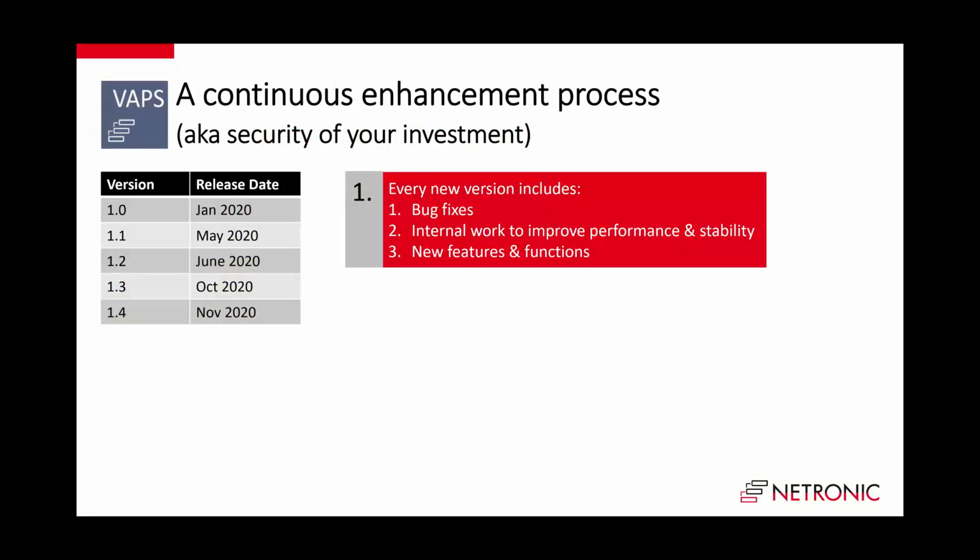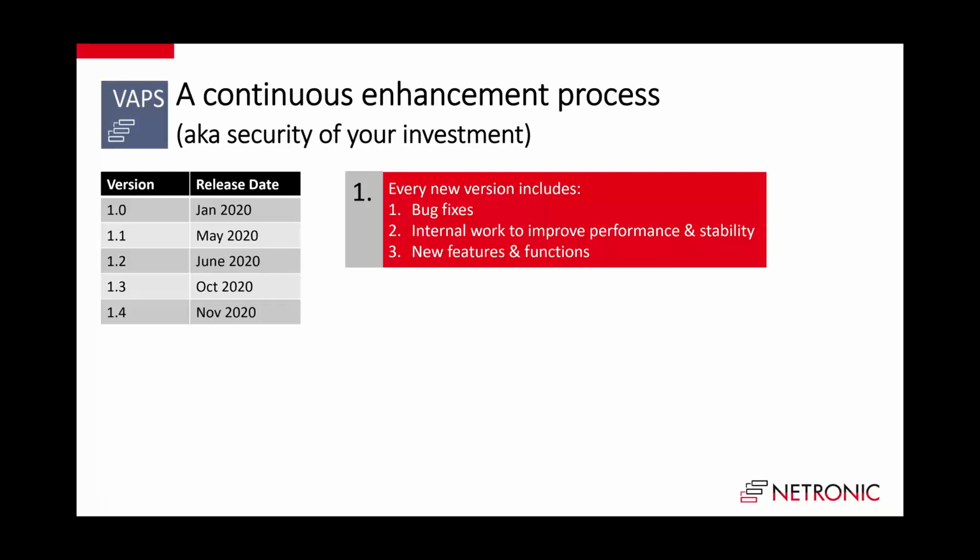With the VAPS, we are now in a phase where we do a continuous enhancement process. The VAPS is our youngest extension, so it is still a very young product. We released the first version almost a year ago, I think on the 17th of January last year.